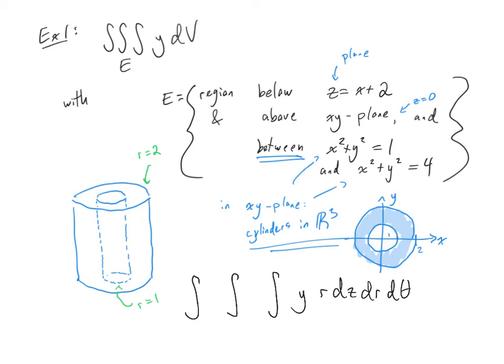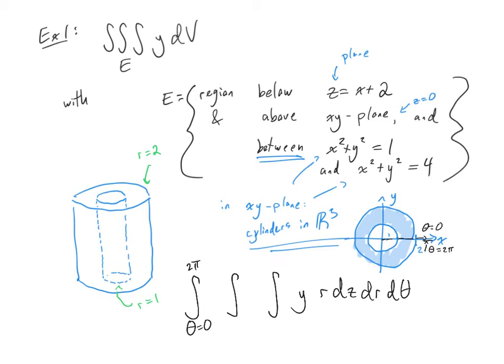For my thetas, to hit every point in these cylindrical regions, I have to go through every theta between theta equals 0 and theta equals 2 pi. I'm imagining my region starting at theta equals 0 and going all the way around until it ends up here at theta equals 2 pi.